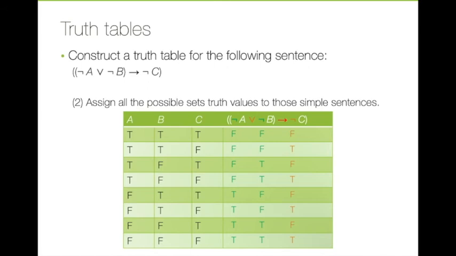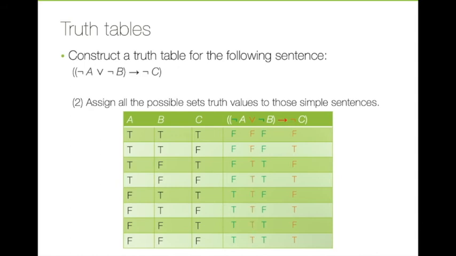So the truth value of the disjunction will come from not A and not B, the 2 columns in green. And then the truth value of our main connective, the conditional, will come from the truth values under the disjunction and under that 3rd negation.